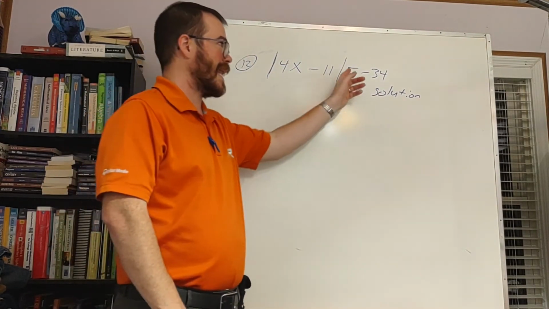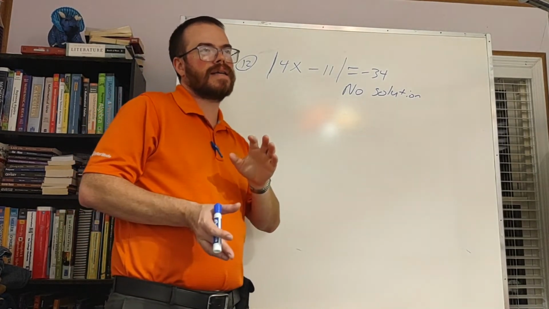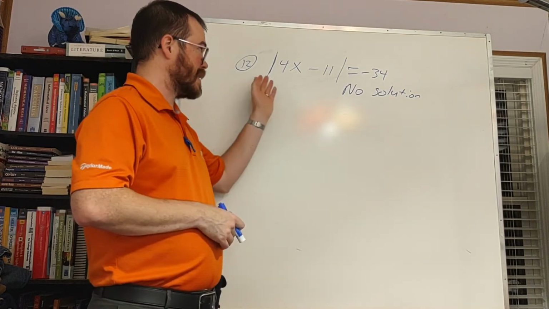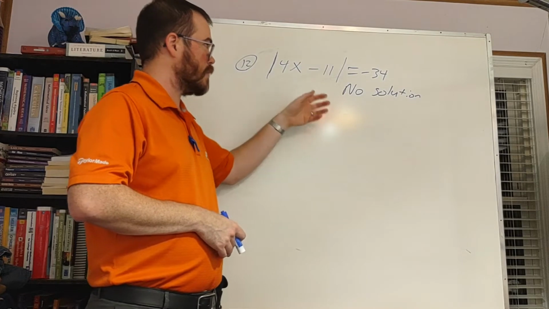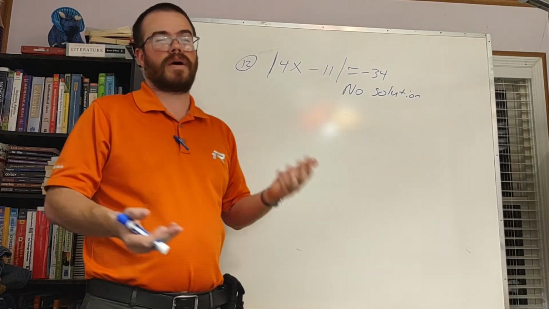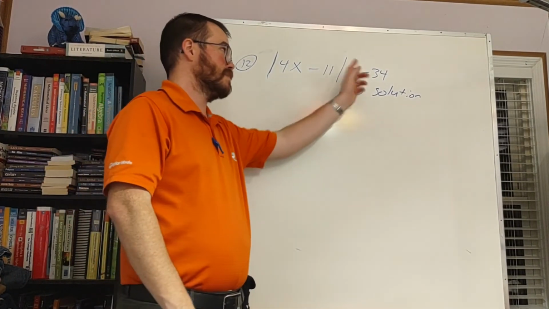I can't get a negative out of that. We'll look at some other ones that might look like they're going to be no solution, but they're not really. But here, this is clearly going to be no solution since we have the absolute value by itself. Everything inside of here, whether it's negative or positive, if I take the absolute value of it, should be a positive, not negative.